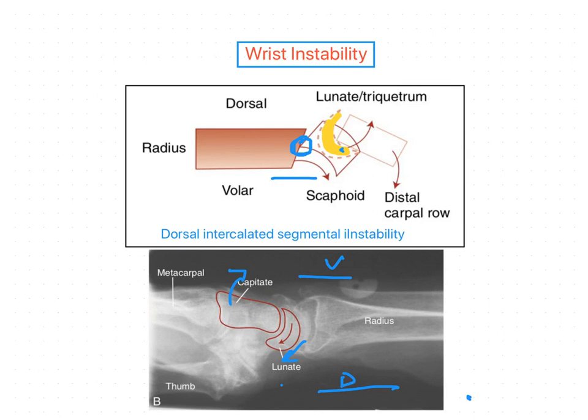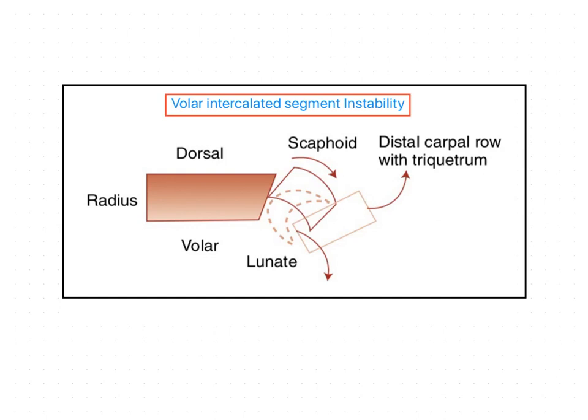Now we will move on to volar intercalated segmental instability. Yes, this one is volar intercalated segmental instability. In this condition, what will happen? When the ligamentous union of the lunate and triquetrum is disrupted through injury.